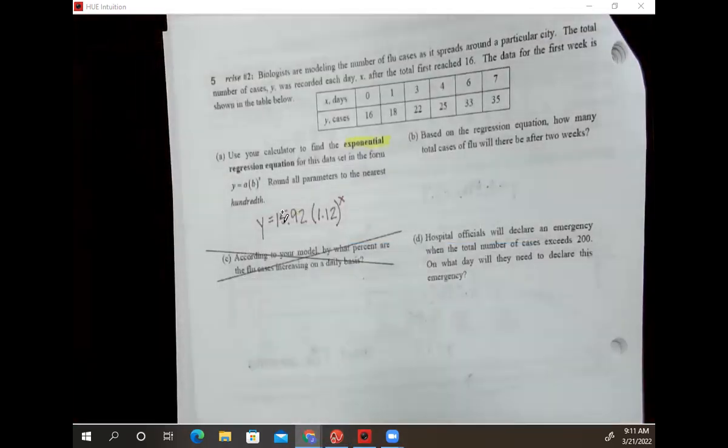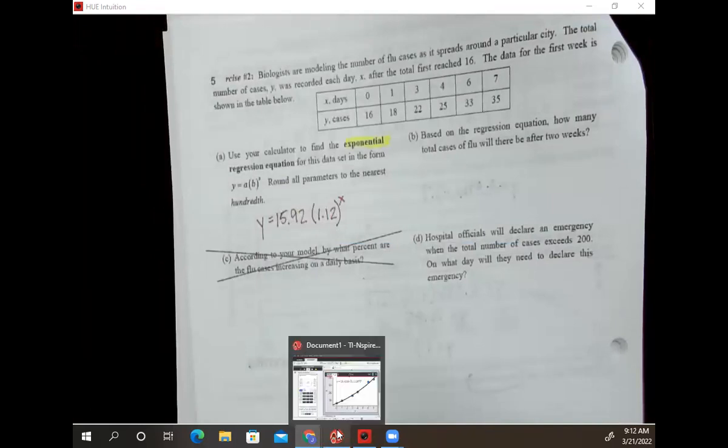And then part B says, based on the regression equation, so using that model that we created, how many total cases of flu will there be after 2 weeks? So after 2 weeks, I have to translate into days because my X value is in days. So I'm going to plug in X equals 14, because it's 2 weeks. That would be 14 days.